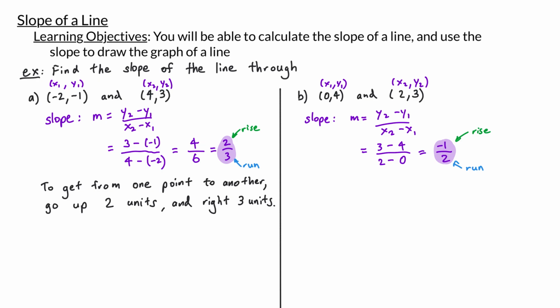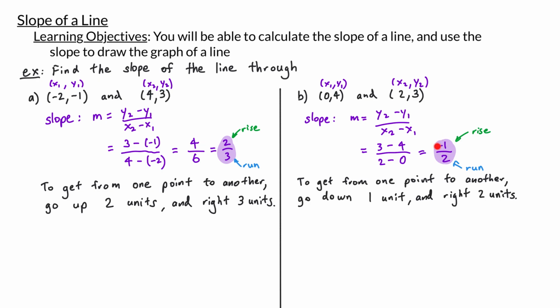Which means that if you want to get from one point to another on your line, you would go down 1 unit, down because of the negative here instead of going up, and going across to the right 2 units. Again, if the numerator of your slope is negative, then that means you would go down instead of up. However, if the denominator of your slope is negative, you would go left instead of right.